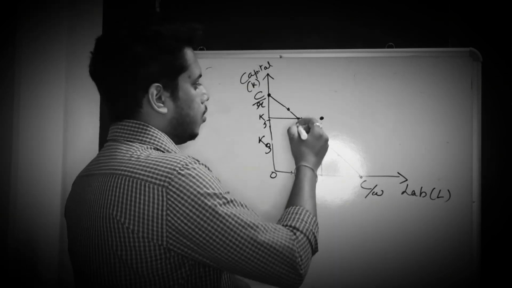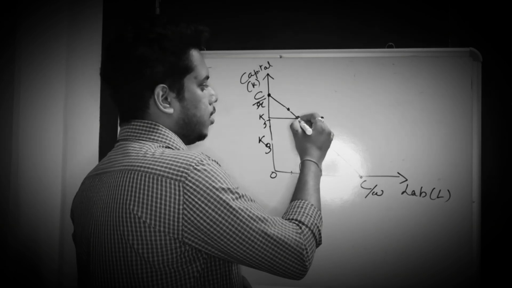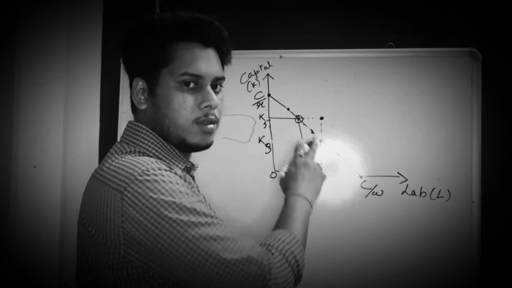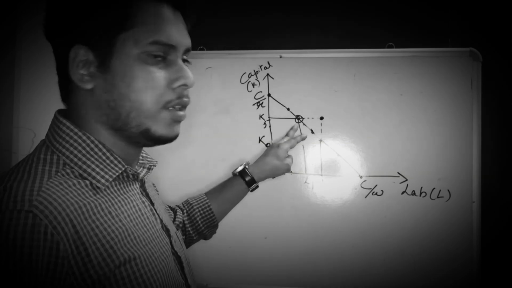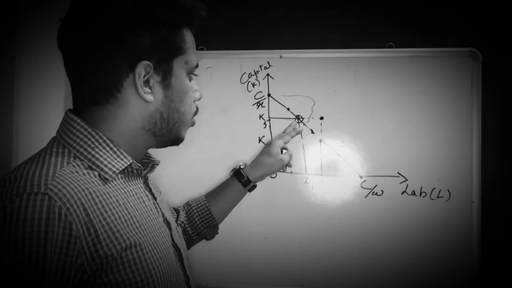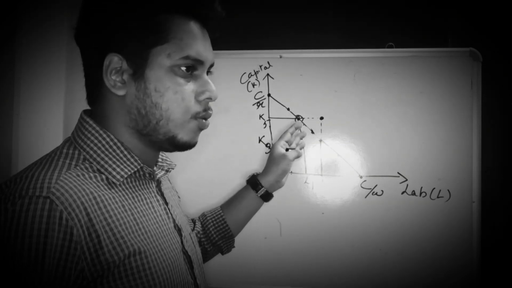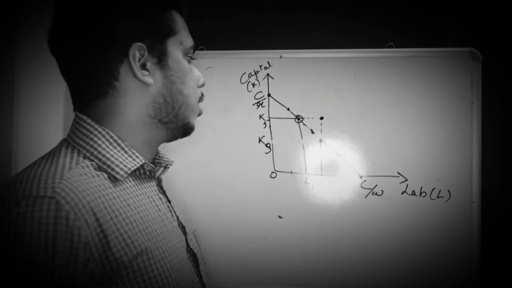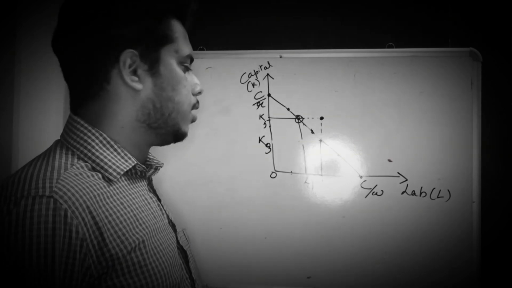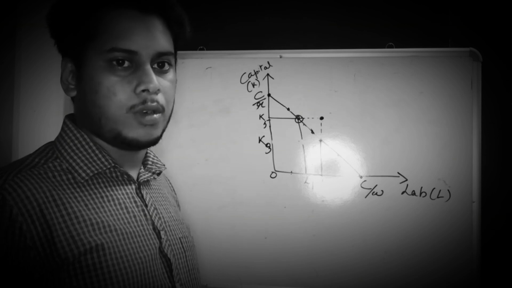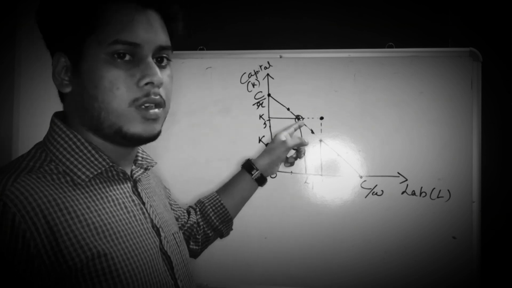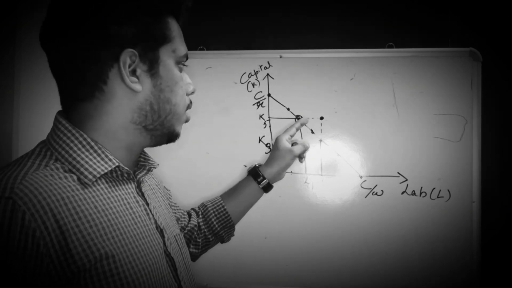You are already exhausting your income or budget at this point. So if you increase one input more, then obviously you won't be able to afford it. You are already done with your budget at this point.